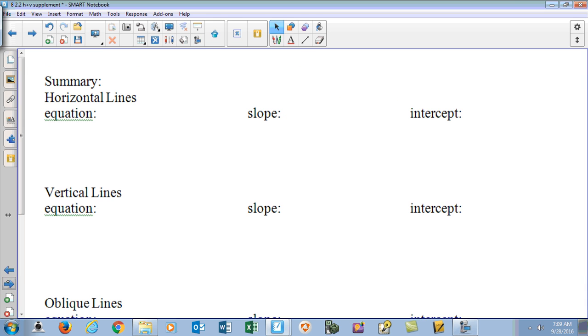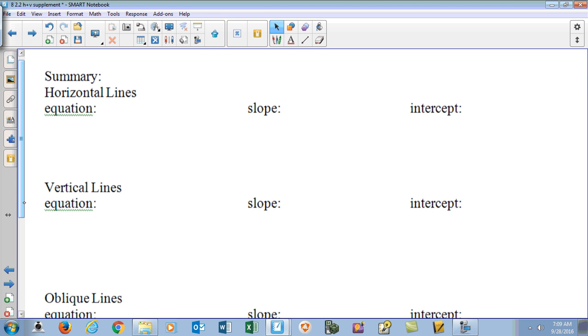All right, so let's talk about our summary. So horizontal lines are written in the equation y equals, and whatever the common y point is, that is our line, right? So if all the y points are 3, the equation is y equals 3. Our slope for a horizontal line is 0.